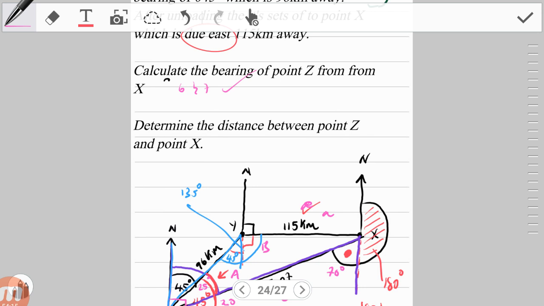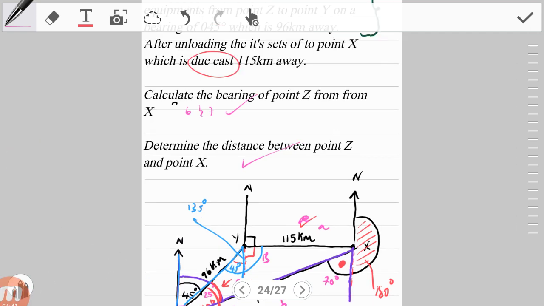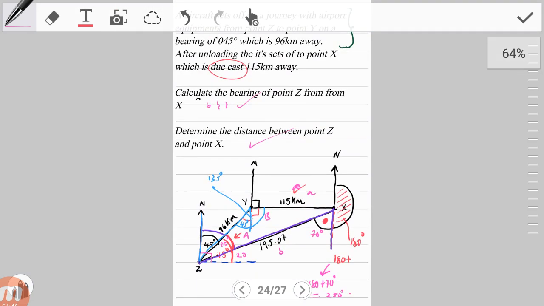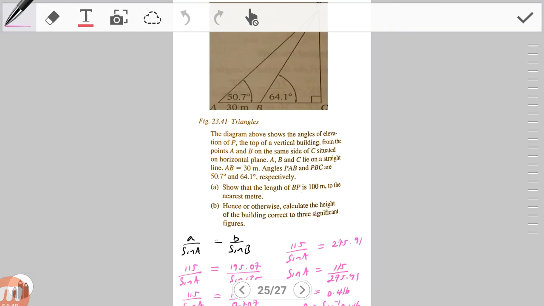And finally here we're to determine the distance of point Z to X. So point Z to X, you can clearly see that this question is what I should have written first, and then this question last. I think I made a typing error in terms of the question that should have been calculated first, because as you can see here, guys, I had erased the information around here.